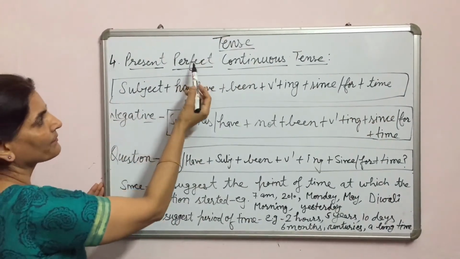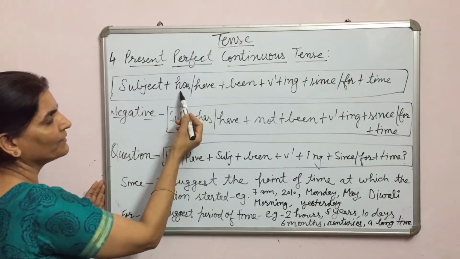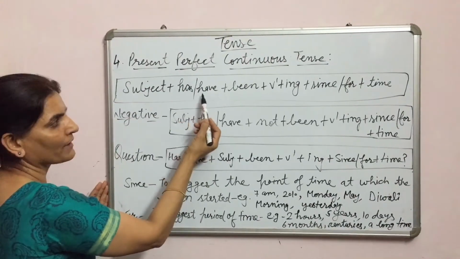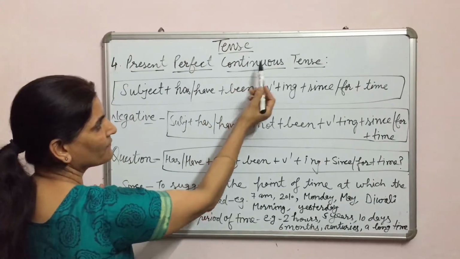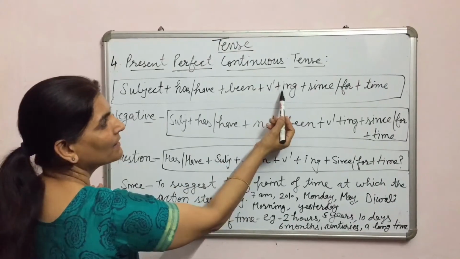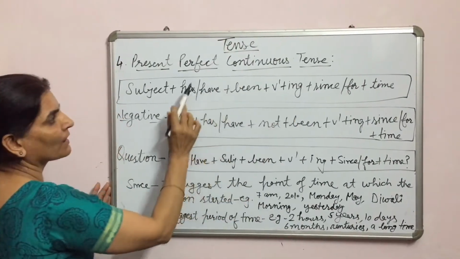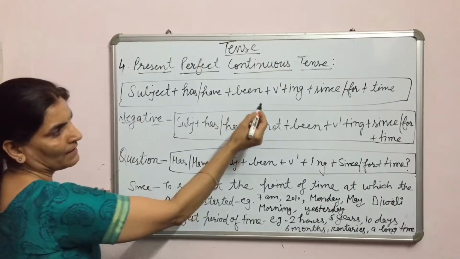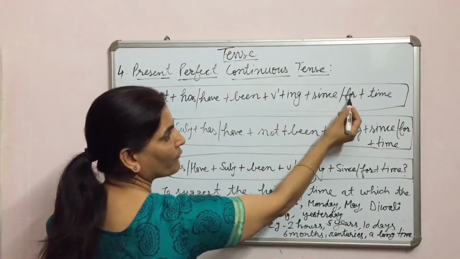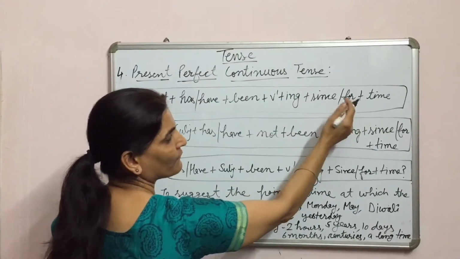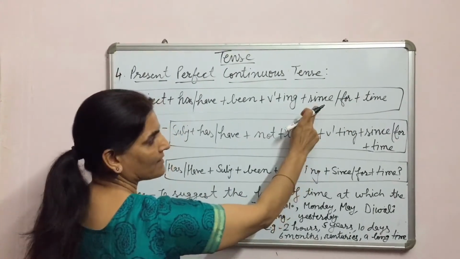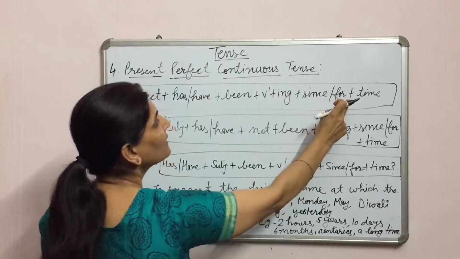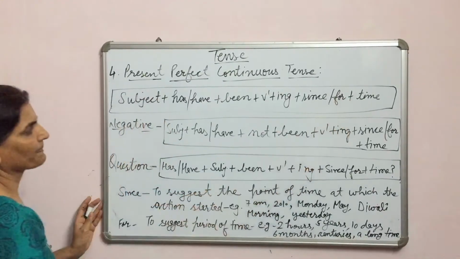See here, for perfect we have used here has or have, and for continuous we have used here V1 plus ing, and to connect both of them we have used here been.